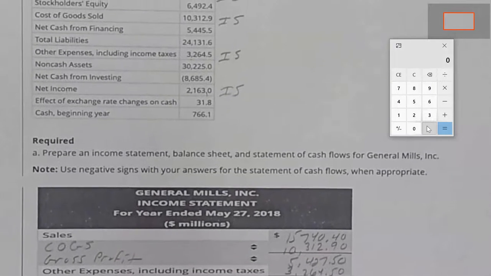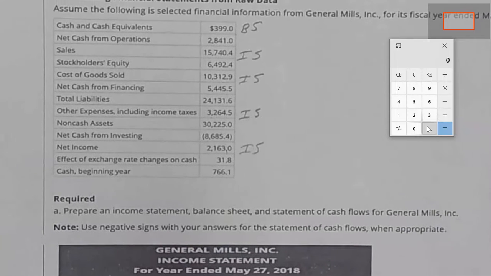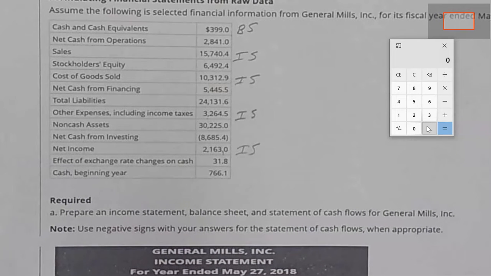I bet they do, because I saw total liabilities. Let's just see here. Maybe not. But that's okay, because we can calculate that on our own. Okay, so let's see if we have any other.